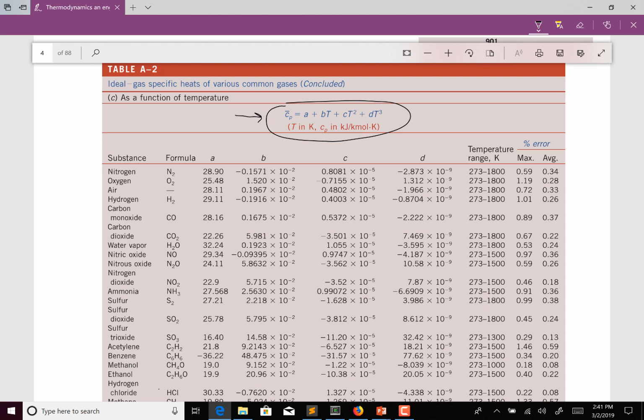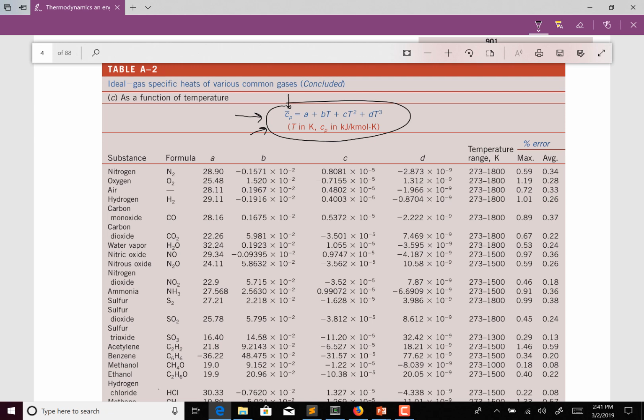So notice that this is only giving us C sub P, and so there's no value for C sub V. So we're going to see how you would get that in a minute as well. But one thing I want to point out is notice how this is giving C sub P with the bar, so this means that it's on a molar mass basis.